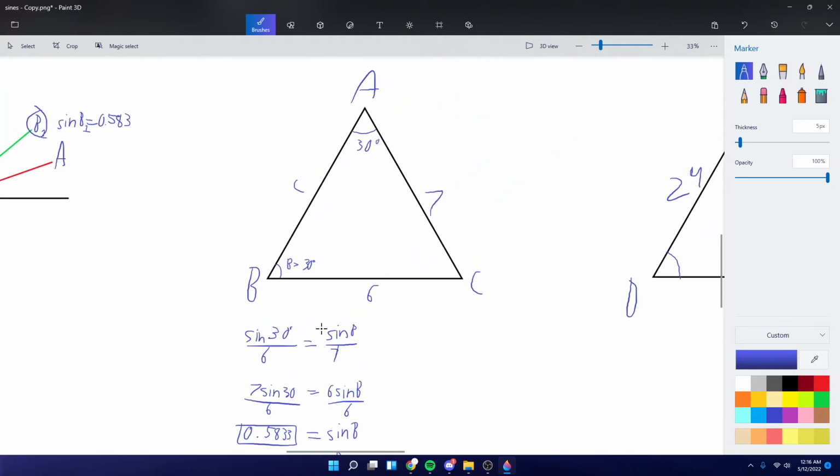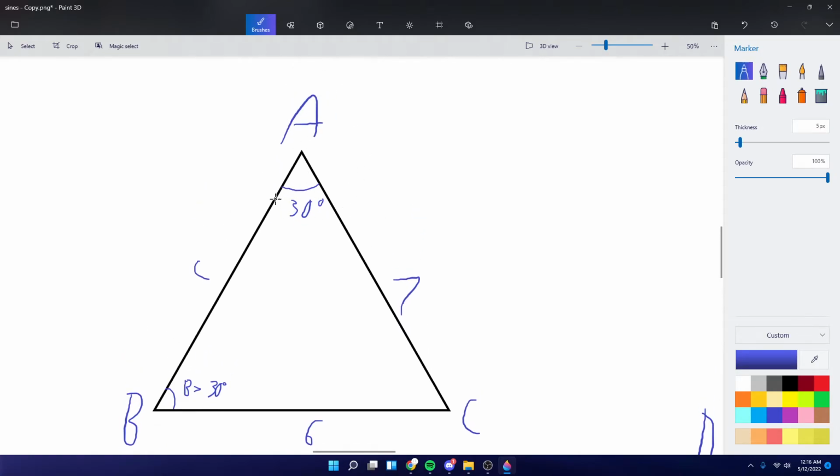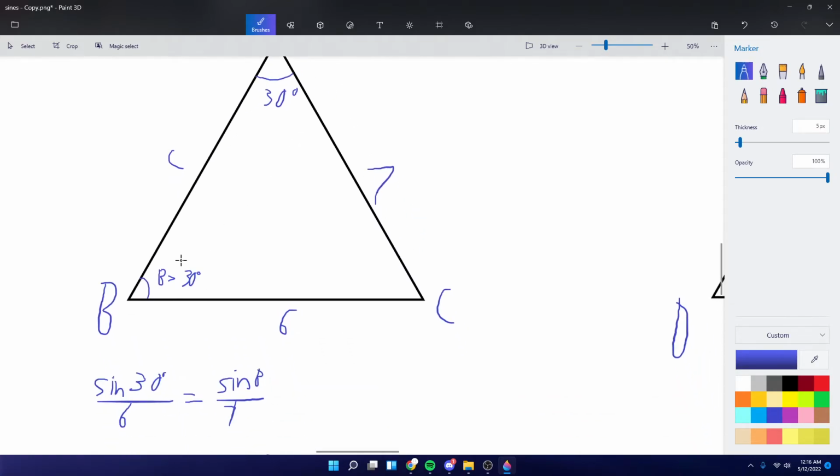Now what happens is that you have two different possible angles for angle B, which means that there's two possible triangles. Angle A will be the same. Angle A will always be 30. But because there's two possible angles for angle B, there's also two possible angles for angle C. So there's just two whole different triangles.